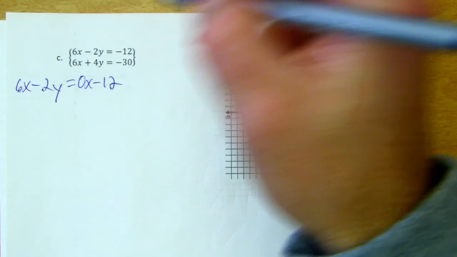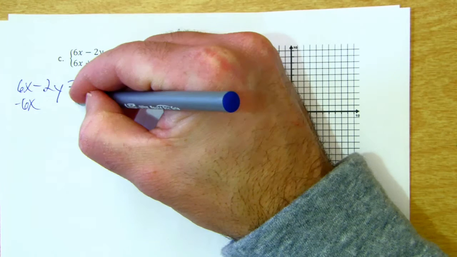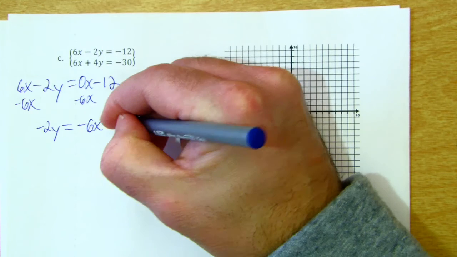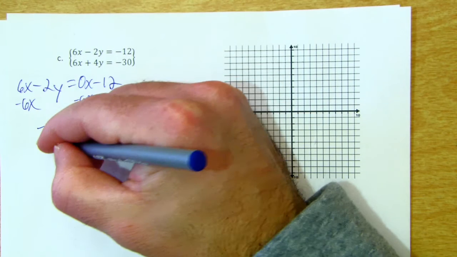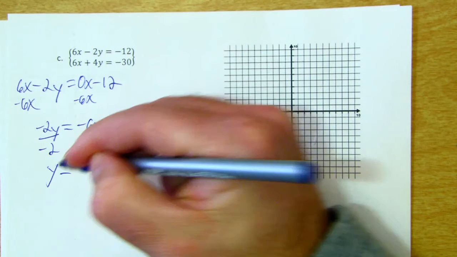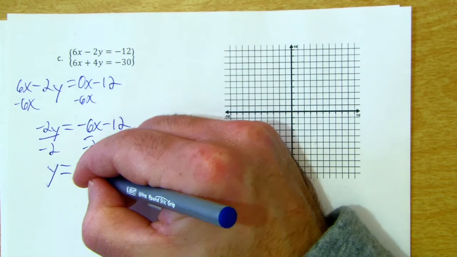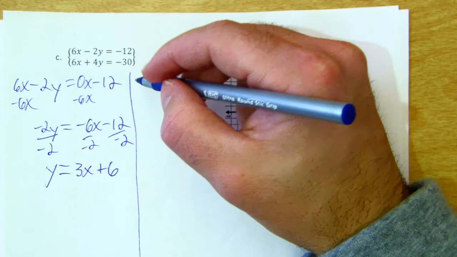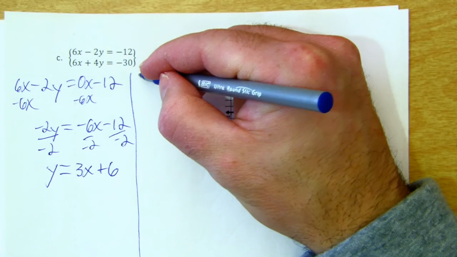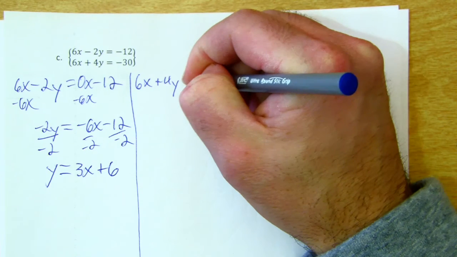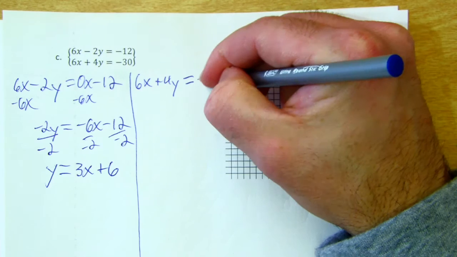So again, I got to get this into slope-intercept form. Divide everything by -2 here. So my equation here is going to be y equals 3x plus 6. My second equation, I have 6x plus 4y equals -30.